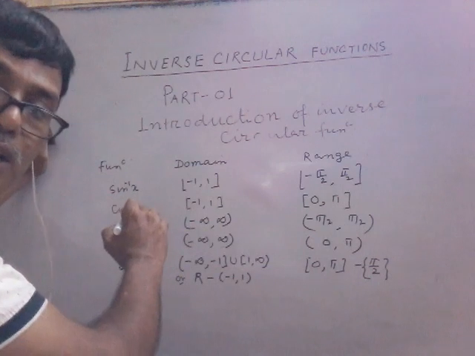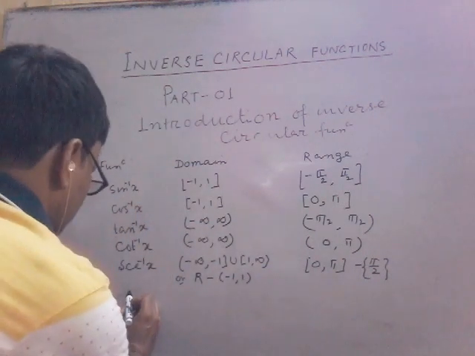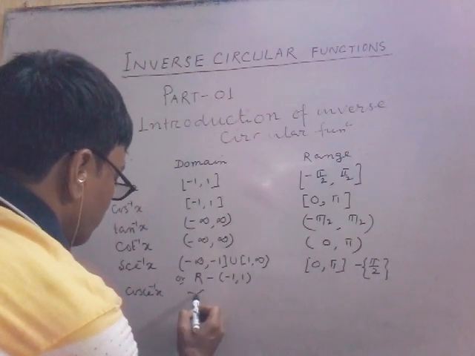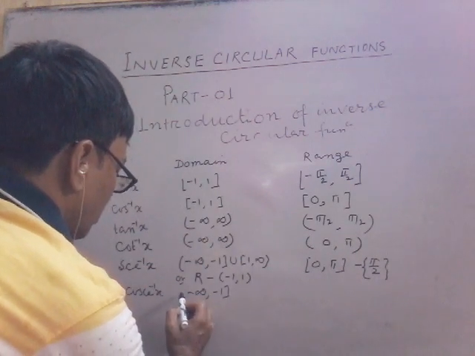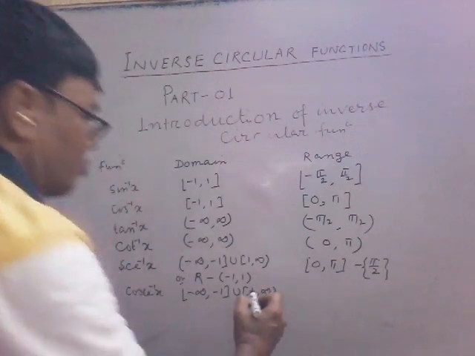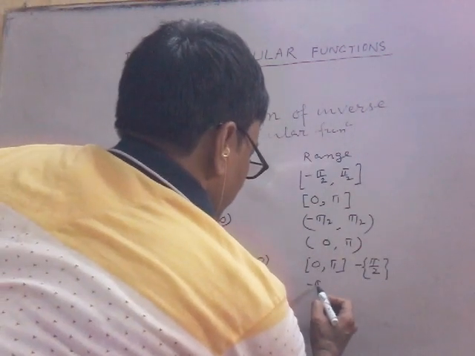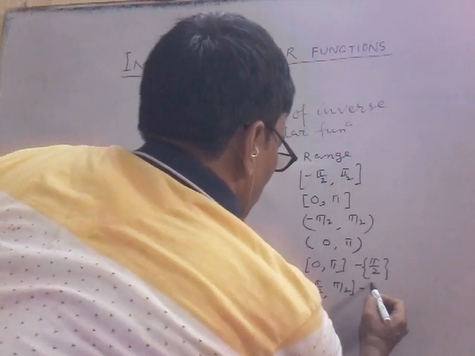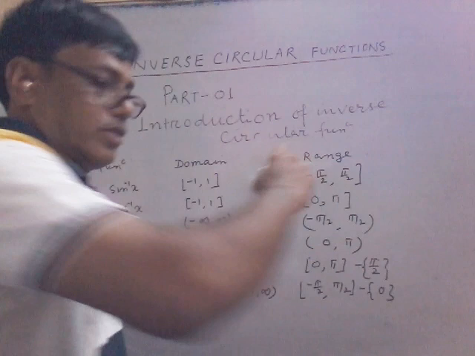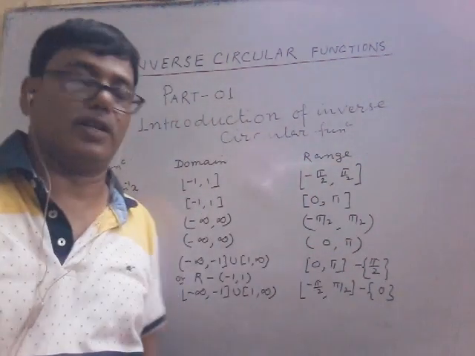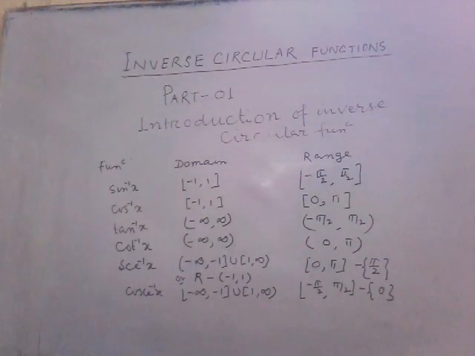Then cosec inverse x has the same domain, -infinity to -1, union 1 to infinity. Range is the same as that of sine, only 0 is excluded. So you have to remember this table.